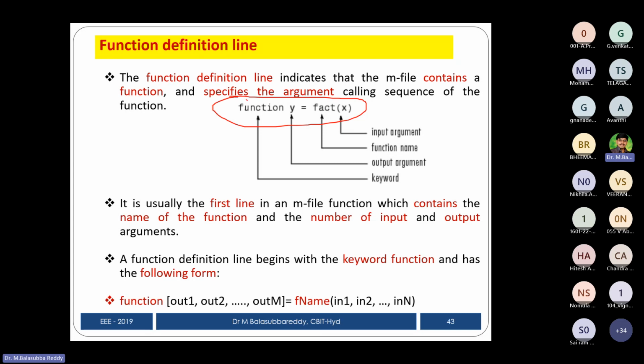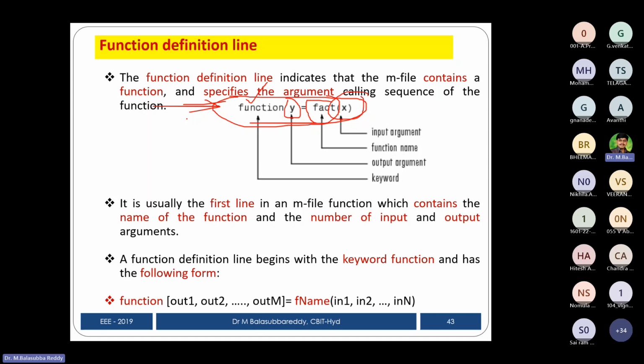Function is a keyword you have to start with, and this we call the output variable, and this is the function name, and this one we call the input variable. So we have to divide the function into three parts. This first line we call the function definition line. How to represent the function definition line?